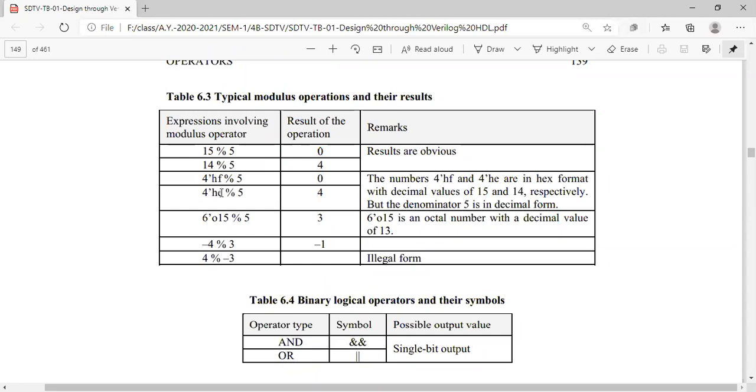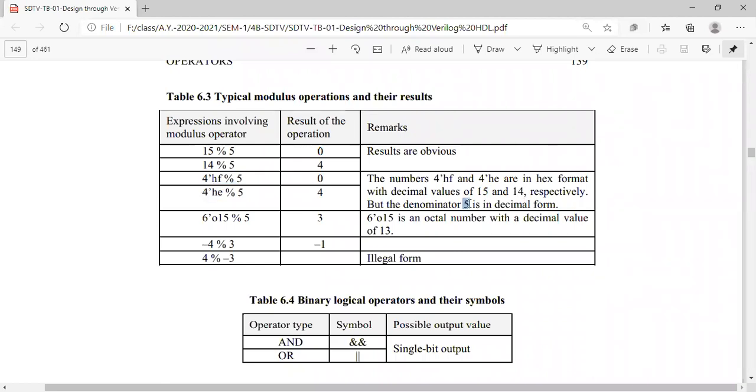This is the other one, F, and this is E. To observe the difference, in hexadecimal F is nothing but 15. So the numbers 4'hF and 4'hE in hexadecimal format have the decimal values 15 and 14.